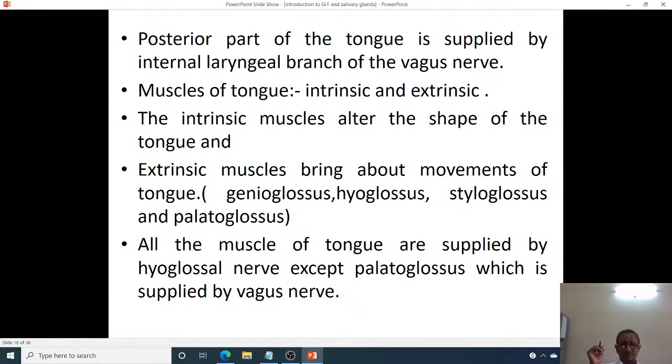All the muscles of the tongue are supplied by the hypoglossal nerve, except palatoglossus, which is supplied by the vagus nerve.